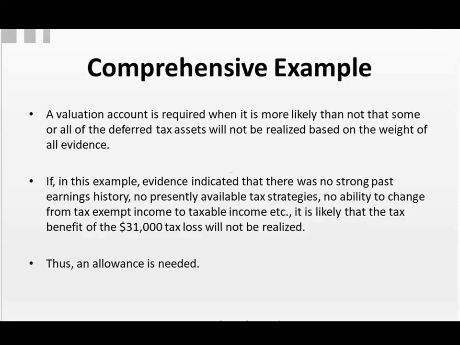We're going to have to eat them. We'll not be able to do anything with them because we won't have any taxable income. Therefore, to the tune of $31,000 times 15%, the tax bracket, we need a valuation allowance.